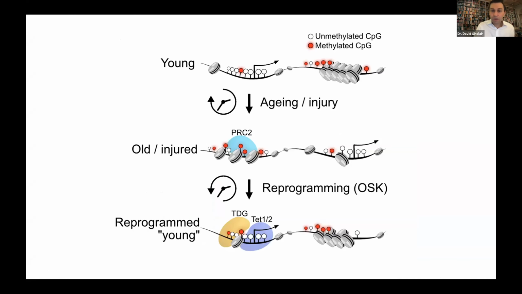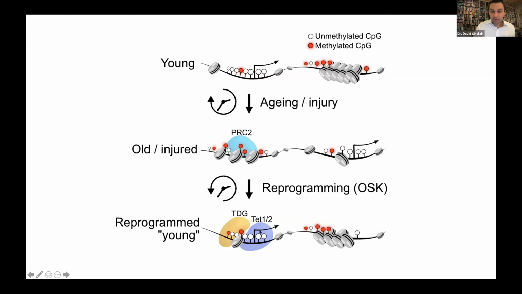So this is the model that we have: changes in methylation due to both aging and injury that are similar. We have evidence that the sites that are changing are overlapping with the PRC1 and 2 complex, which is involved in both histone and DNA methylation changes.